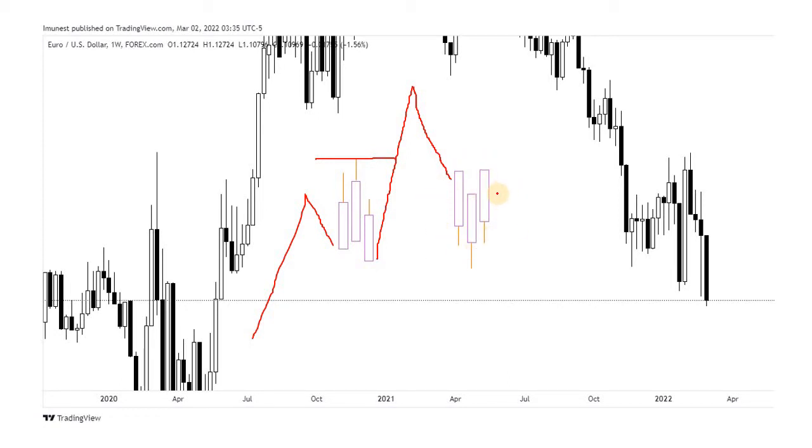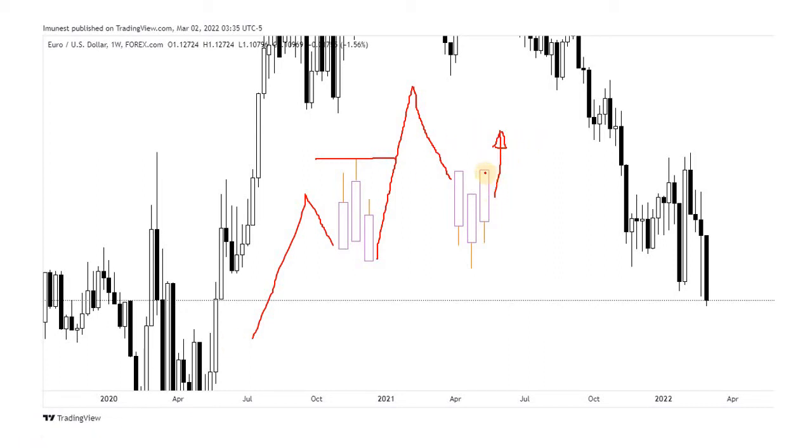If price forms a swing low, what we expect to see is that most likely the next candle that will be formed is going to be bullish. This is the more aggressive approach. The less aggressive approach is to wait for this fourth candle to form.